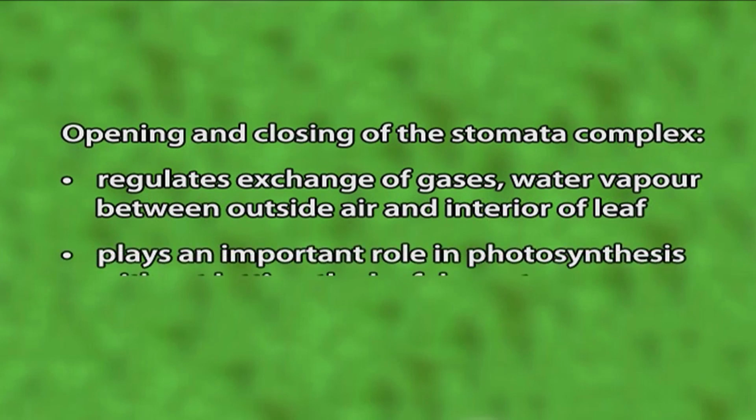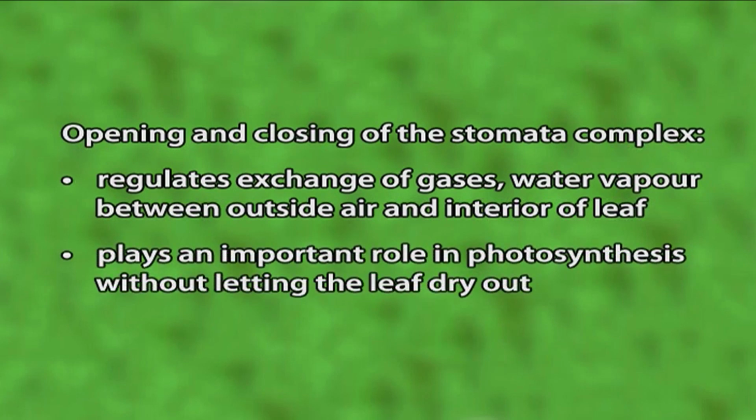Opening and closing of stomata complex regulates the exchange of gases and water vapor between the outside air and the interior of the leaf, and plays an important role in photosynthesis without letting the leaf dry out. In a typical leaf, the stomata are more numerous on the abaxial lower epidermis than on the adaxial upper epidermis, and more numerous in plants from cooler climates.